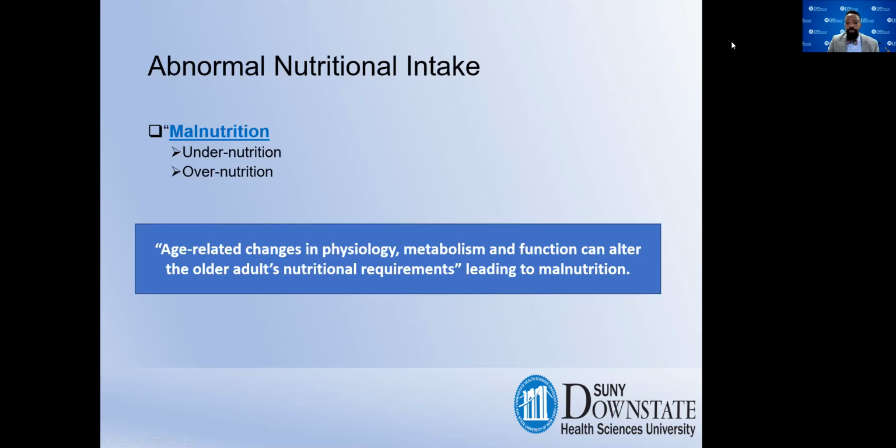Why? Because age-related changes in physiology, in metabolism, and in function can affect an older adult's nutritional requirements. And that impact can lead to malnutrition, right? Bad nutrition, either under or over nutrition.